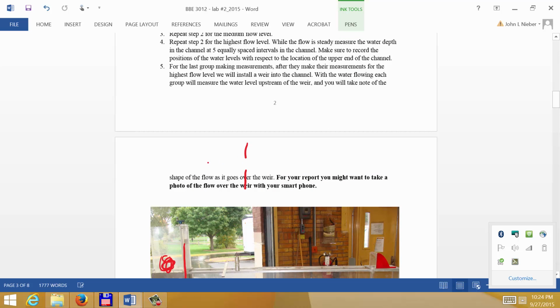Here's the orifice. Water is flowing through here, and we'll have a pressure P1 on the one side, a pressure P2 on the other side, and the water on each side of that orifice will be connected to a differential manometer that you'll measure, and that's calibrated for determining what the discharge is through the orifice.